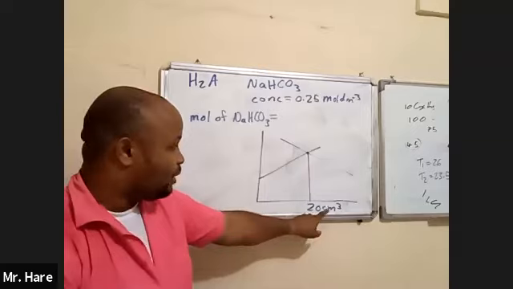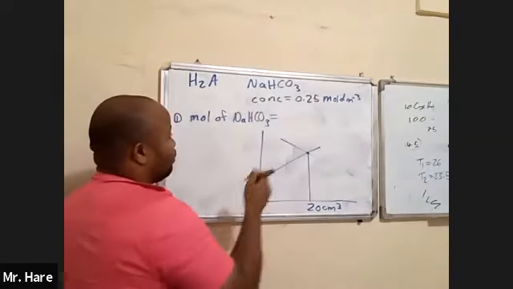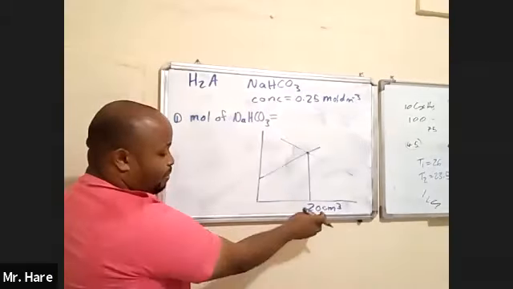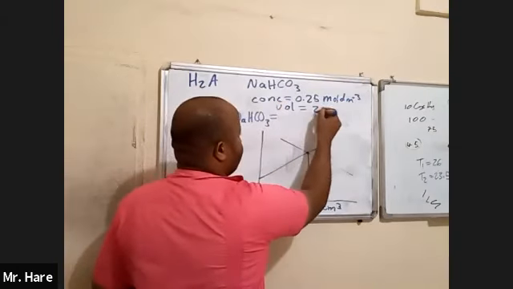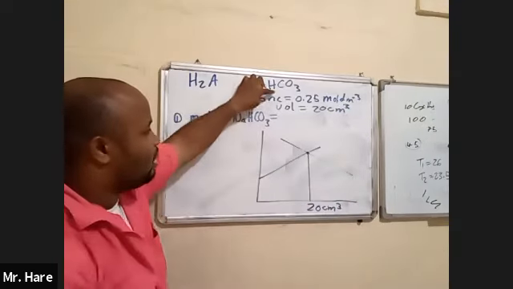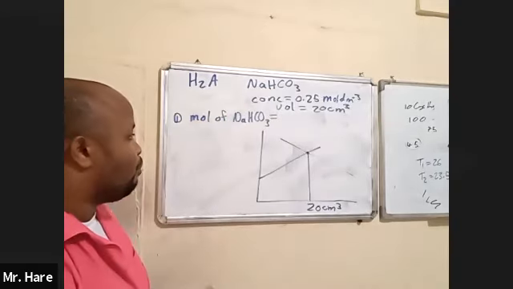So the volume used is 20 cm³. The concentration was 0.25. From the graph, the volume is 20. So we have concentration and we have the volume, so we can go ahead and calculate the number of moles.